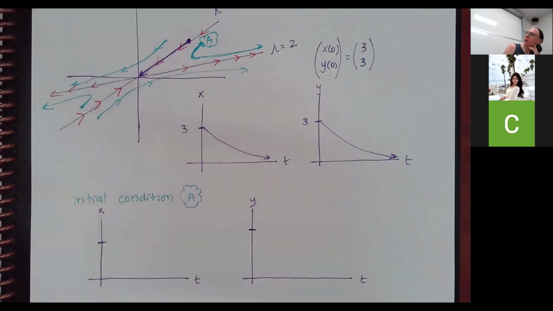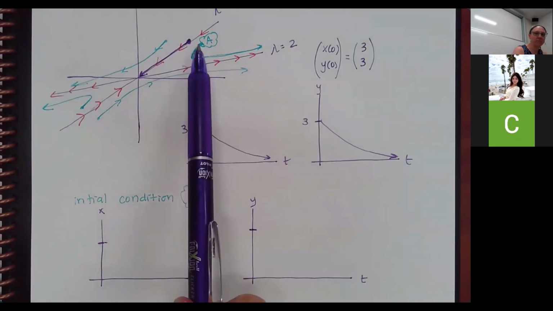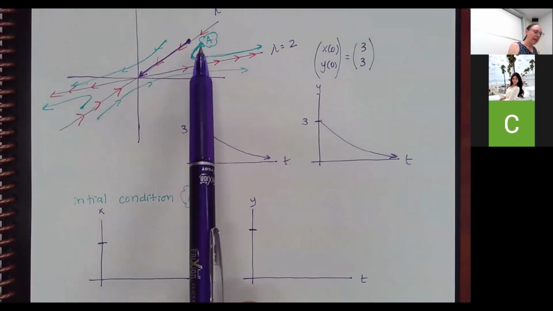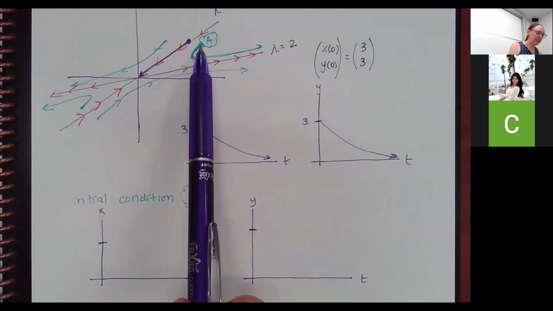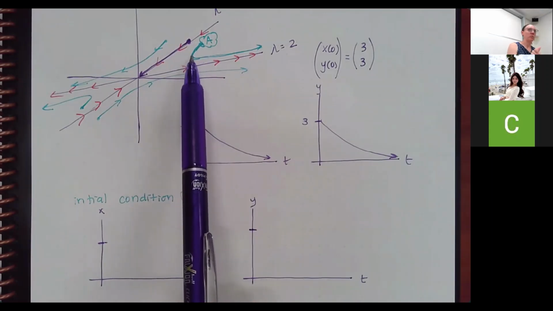And now let's think about what happens to our x over time. So as I'm moving along this trajectory, I started right here, and then my x value is getting smaller, smaller, smaller, because I'm moving to the left.